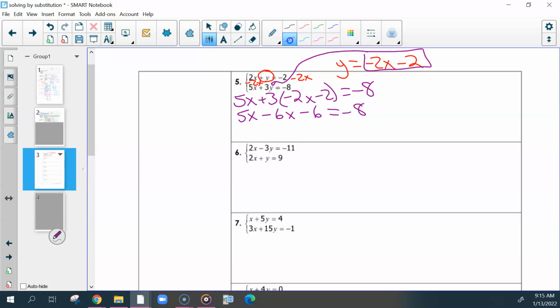Combine your like terms, so we have -x minus 6 equals -8. Add 6 on both sides. So we have -x equals -2. And then divide both sides by -1. So we get x equals 2.